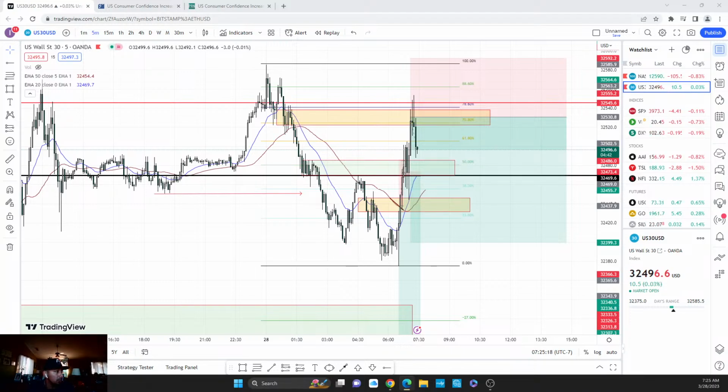See if it can break through this 1 minute EMA. Let's see.